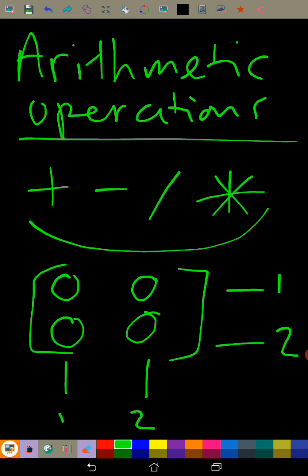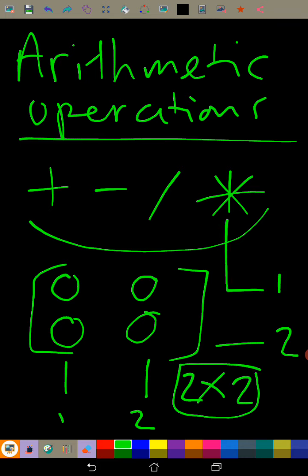This is a quadratic matrix, so it's two rows, two columns. We write it like this. A matrix with one column is called a column matrix or column vector. It looks just like this, for example 1, 1. This is a column matrix or column vector.